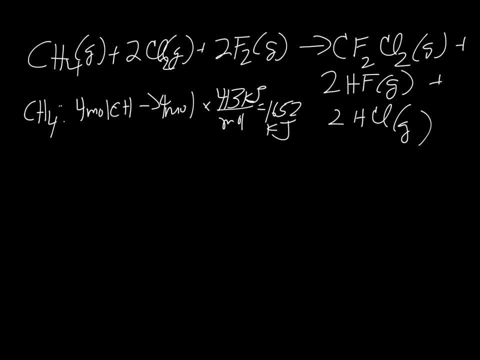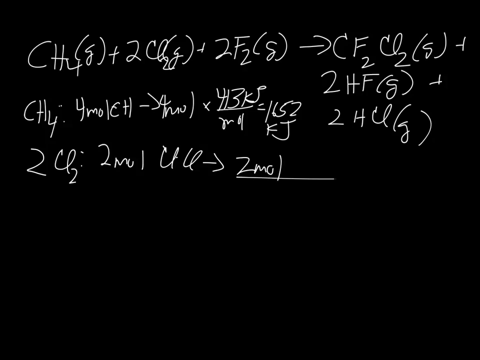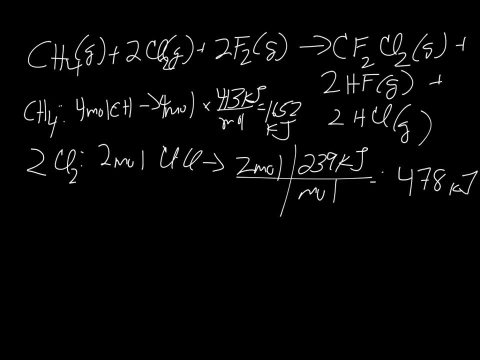Now we have 2Cl2. You can see that I'm taking the reactants, the bonds broken for the reactants. So we have 2 moles of the Cl. I multiply that by what's on the table, 239 kilojoules per mole, and that gives me 478 kilojoules.